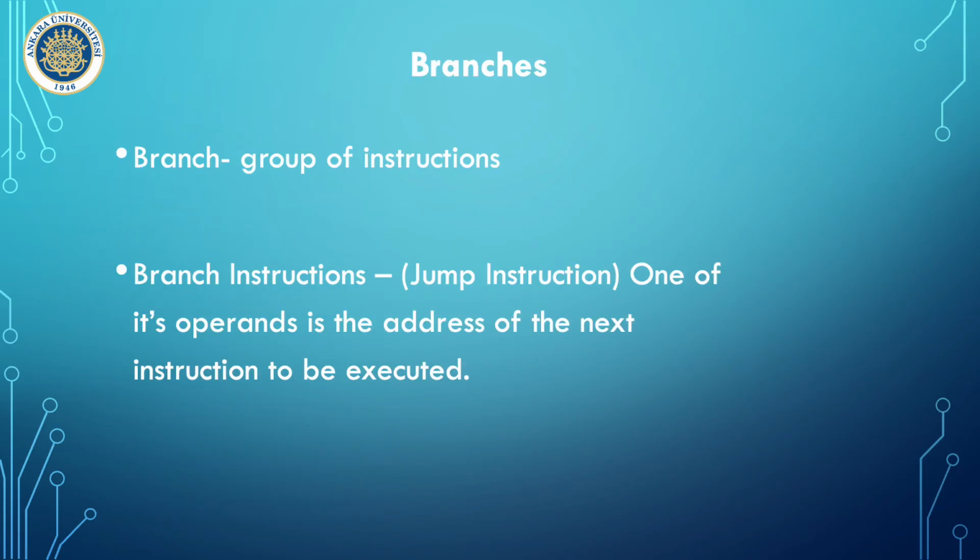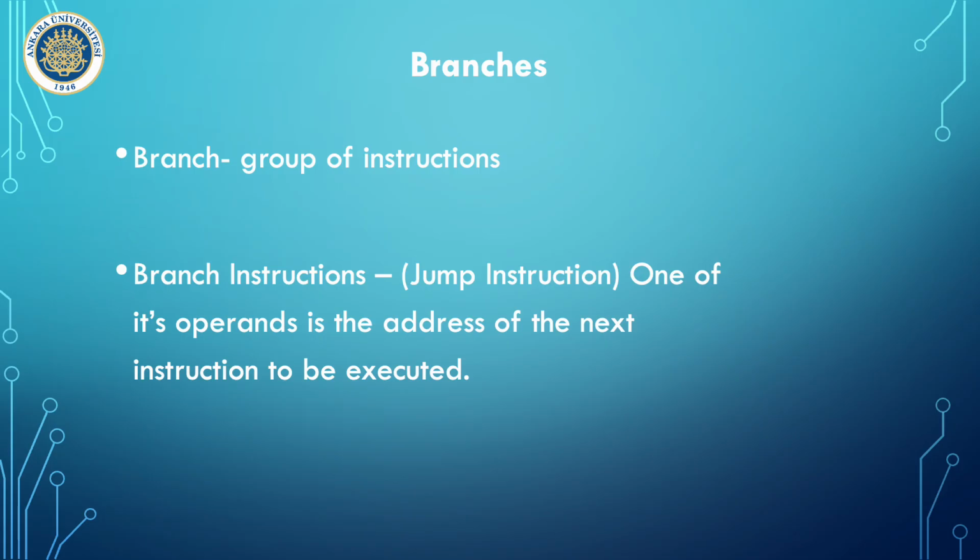Now we will talk about branches. Branches are instructions that change the normal sequential flow of execution. They allow the program to jump to different instruction addresses, enabling loops, if-then-else statements, and function calls. A branch instruction typically has an operand that specifies the target address.